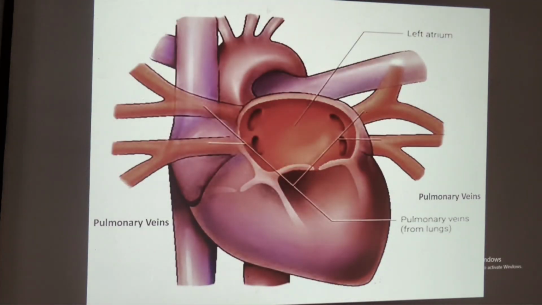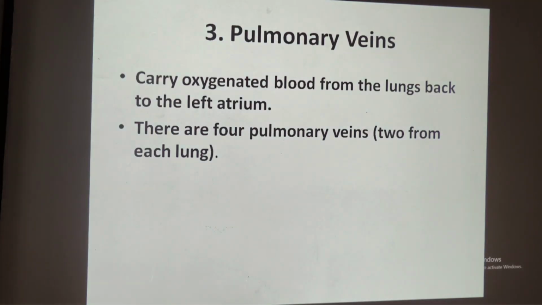Give a glance at this picture. Left atrium, pulmonary veins, and here 2 right pulmonary veins, and here 2 left pulmonary veins. These pulmonary veins arise from the lungs back to the left atrium.